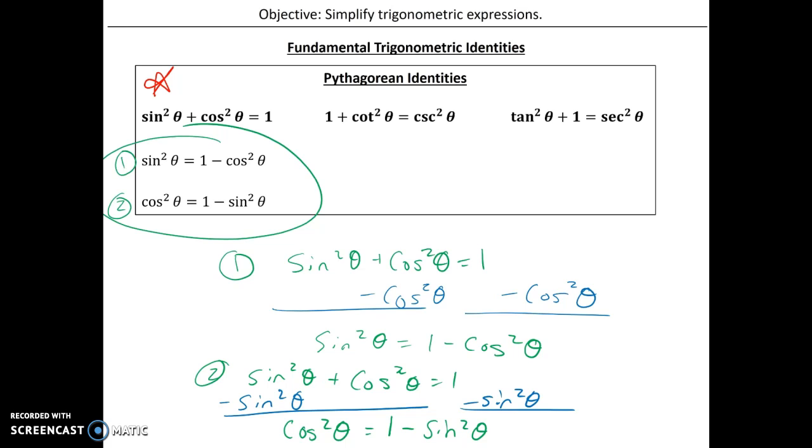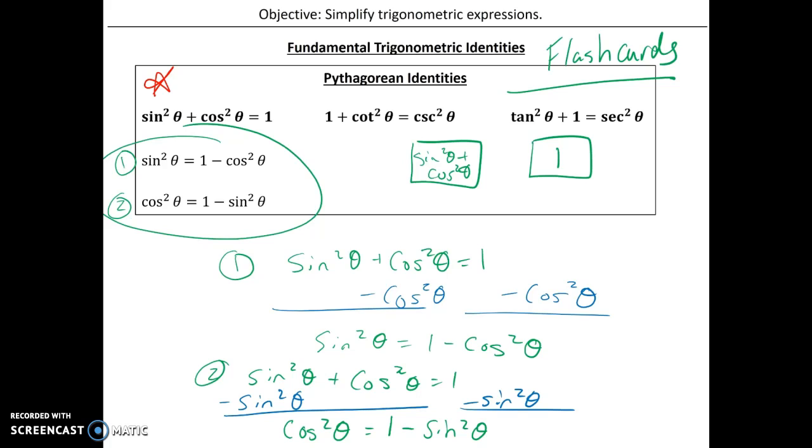We'll be using all of these identities. It's a lot to wrap your head around, so I recommend using flashcards. Flashcards are a great study tool. On the front, write sine squared theta plus cosine squared theta, and on the back of the card write 1.